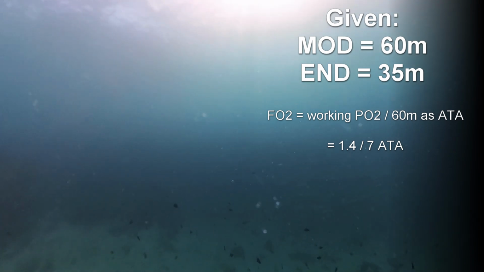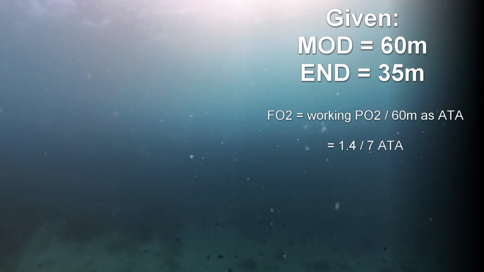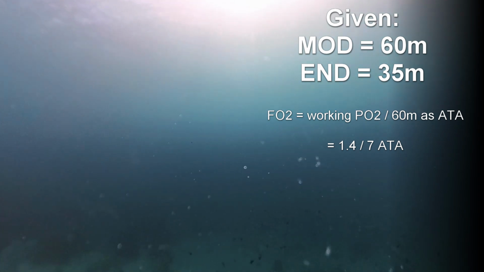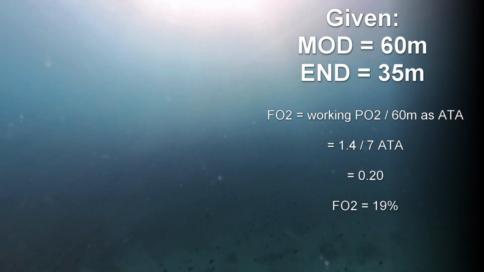Solving for our required fraction of O2 involves dividing our working PPO2 of 1.4 by our planned depth of 60 meters expressed as 7 ATA. And we get 0.2. To add a layer of conservatism, I will want to have 19% O2 in my bottom gas.